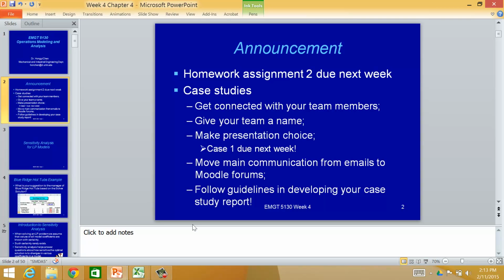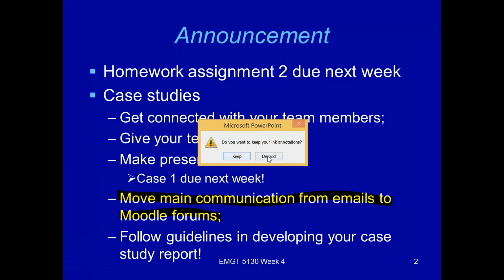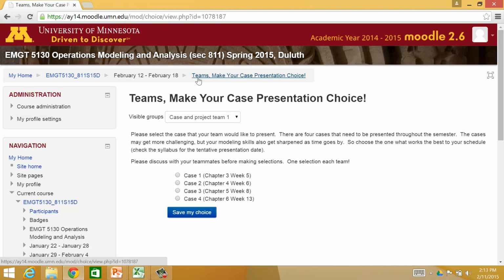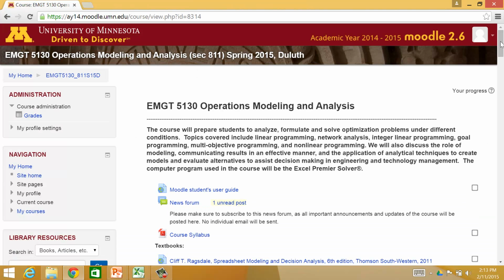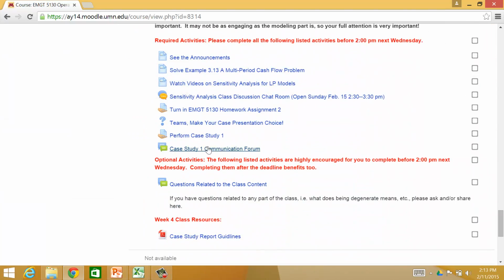And here, this is what I want to emphasize. Move all your main communication from emails to the Moodle forums. Okay, what did I mean? When you go to your Moodle again, okay, here is the case one communication forum.